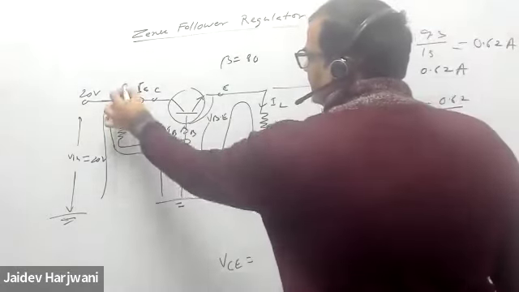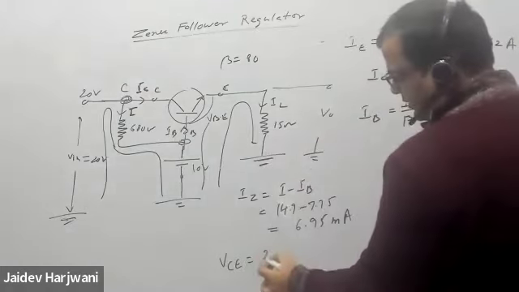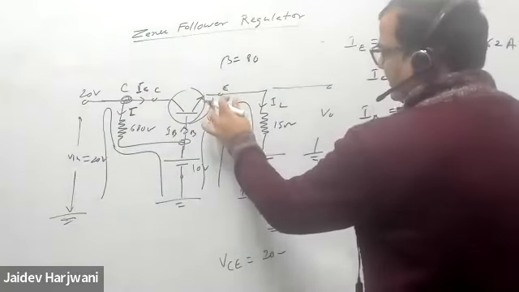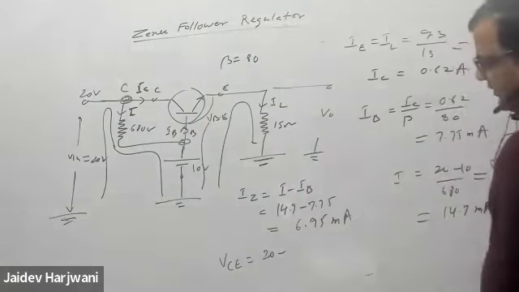Now, if you want to find VCE, VC is already given. This is the collector C, 20 minus the load V naught. 7.15?